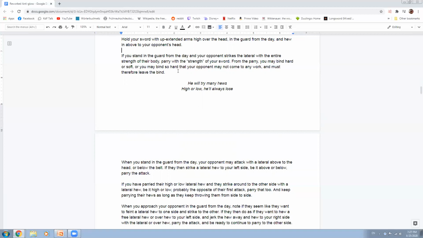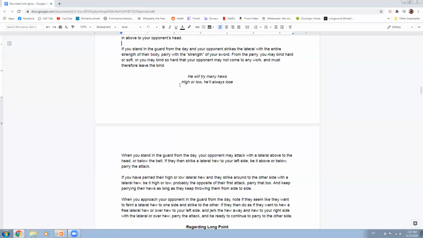So like we were talking about with the Mutieren before, the opponent is soft, so we go strong to weak, and now we're forcing their blade in a direction. So what about the person on the receiving end of this? Well, they're most likely going to feel hard pressure when that happens. And when people feel hard pressure, they don't want to stay in the bind. They want to get out of it. So they're going to snap around, or go off the blade and cut around to the other side, most likely. So you have to be prepared for that and understand the consequences of what you're going to do.